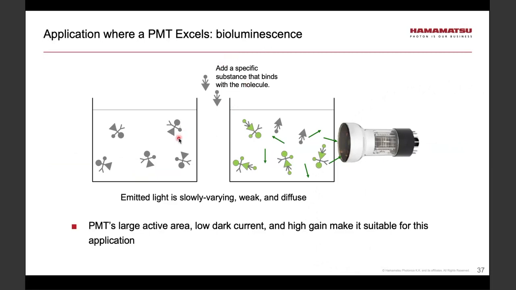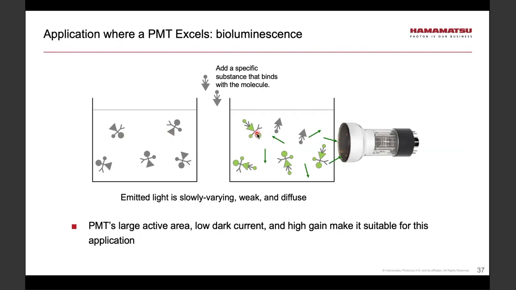Here, the purpose is to determine the presence of some compound in a solution. The way we do it, we have a solution with that compound, and we add an additional compound which binds to the molecules that we are looking for, and as a result stimulates luminescence.